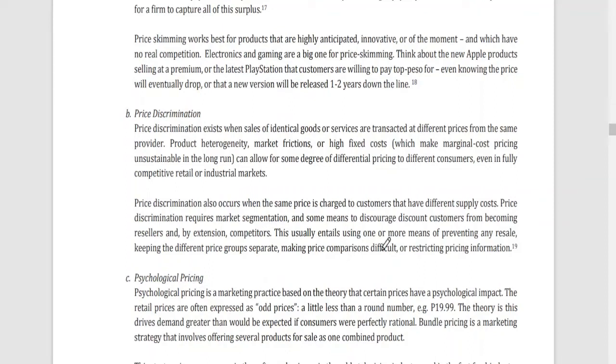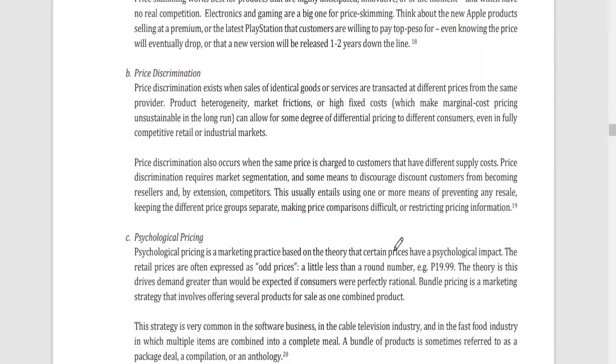This usually entails using one or more means of preventing any resale, keeping the different price groups separate, making price comparisons difficult, or restricting pricing information. So, you set different prices for different customers, or the same price but to customers that have varying supply costs.